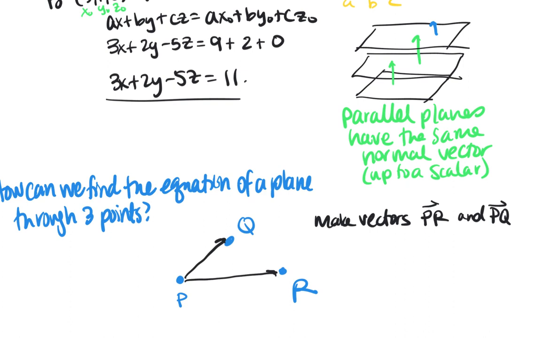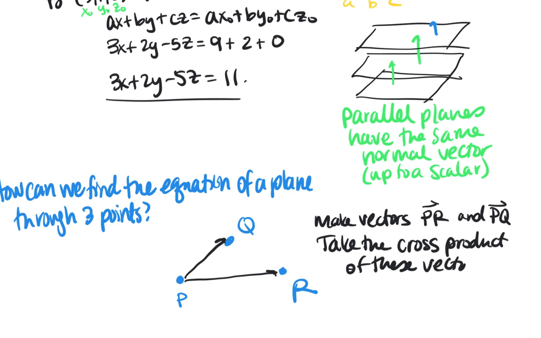The coordinates of Q minus the coordinates of P, and that'll make a vector. And then you want to take the cross product, excuse me, not the dot product. So you want to take the cross product of these vectors, and once you do that, that's going to create a normal vector.